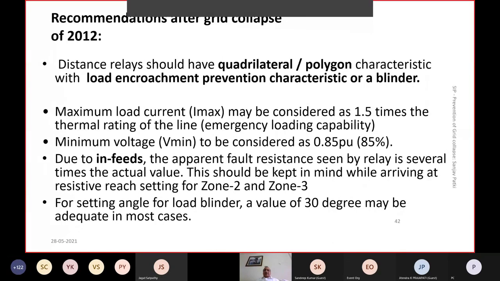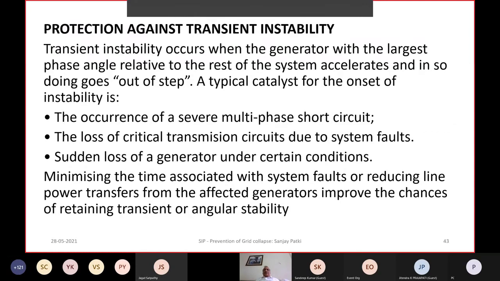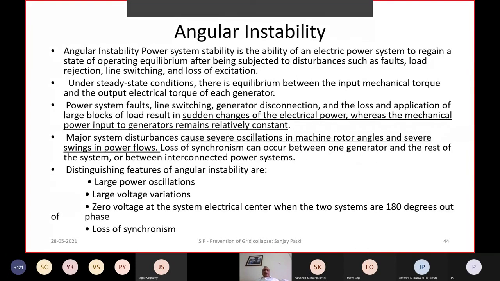So this was the recommendation which was implemented in India after the 2012 grid collapse. And basically this is for voltage instability, which prevents cascading of the lines to total collapse of the grid.